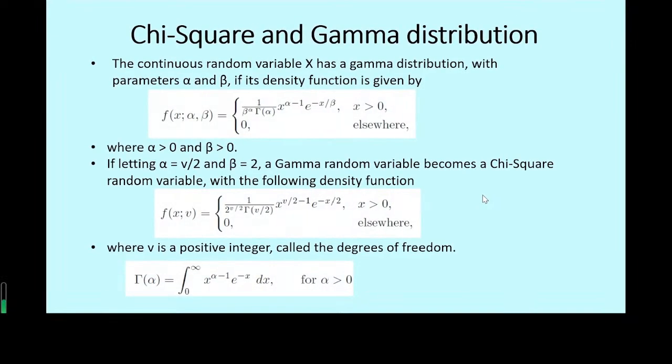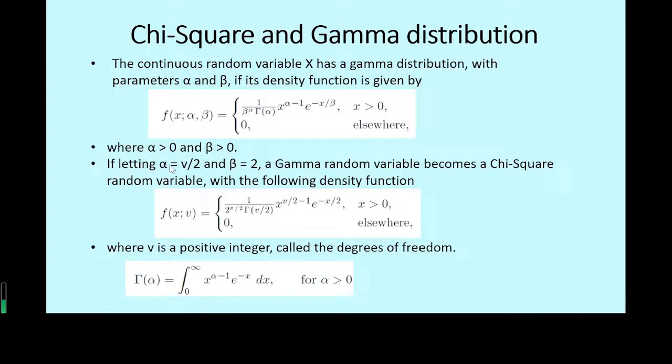And actually, the chi-square distribution is a special example of the gamma distribution. So we know this is the gamma distribution density function with parameters alpha and beta, positive real numbers.